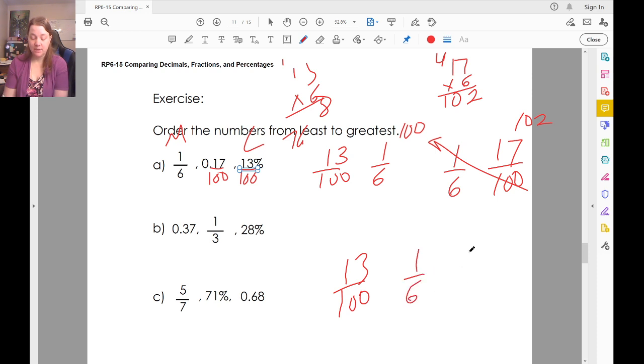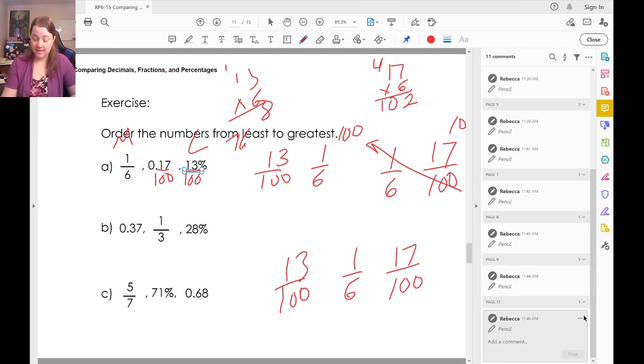It's the next biggest, but 17 hundredths is the absolute biggest. So that's that question.